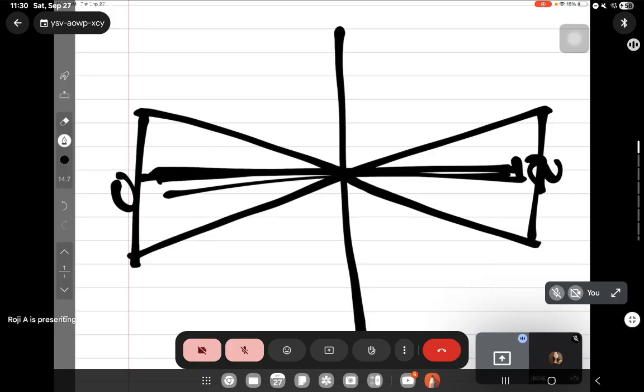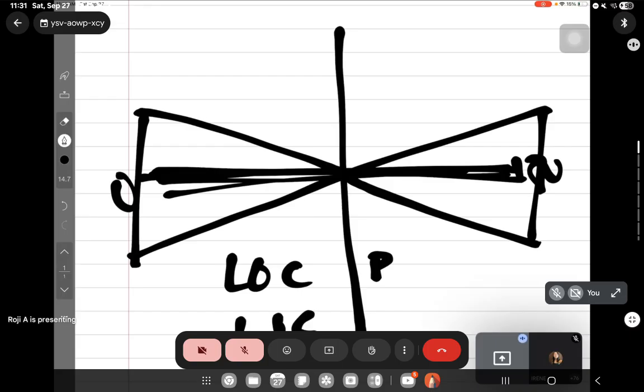Why would I say that this is against the rule? Two ways you can think of it. First, where is the location? Location of what? The power. Or where is the location of the axis?